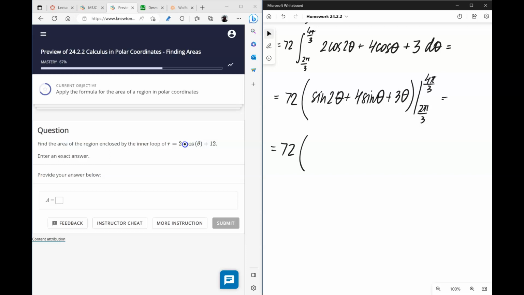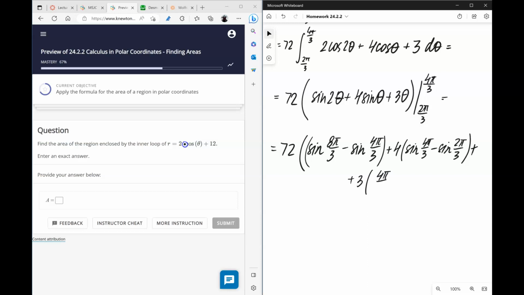And plugging everything in, we have sine of 8 pi over 3 minus sine of 4 pi over 3, plus 4 times sine of 4 pi over 3 minus sine of 2 pi over 3, and plus 3 times 4 pi over 3 minus 2 pi over 3.